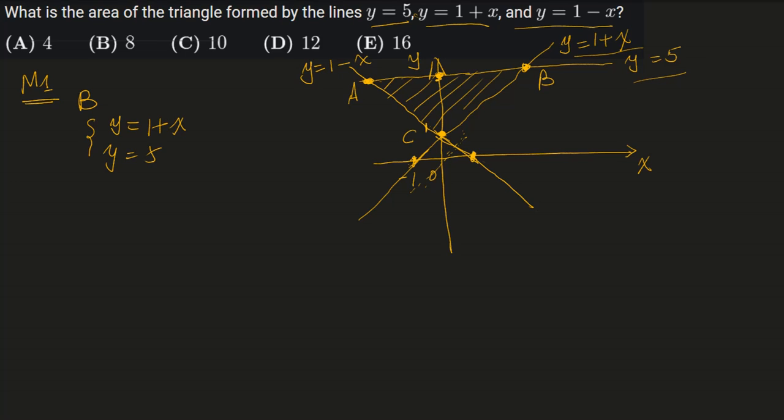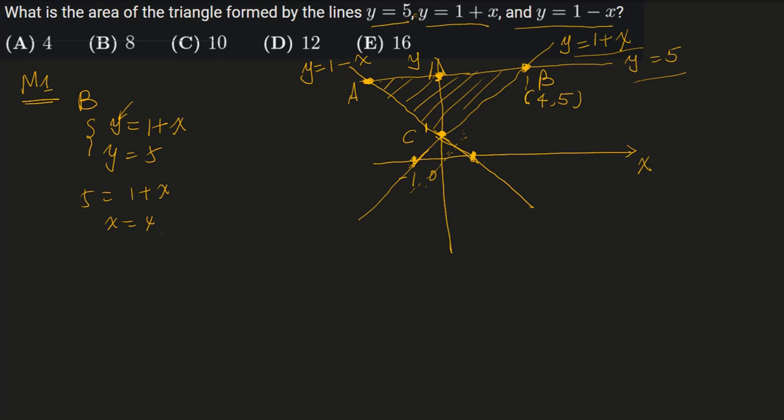Then we can replace this y by 5, so 5 equals 1 plus x. Therefore, x equals 4. Then we know that the coordinates of point B are (4, 5).